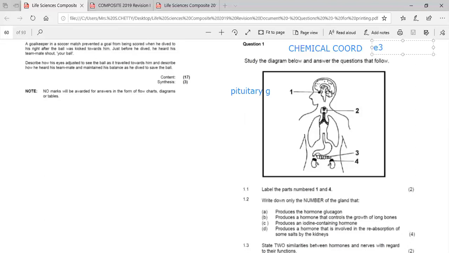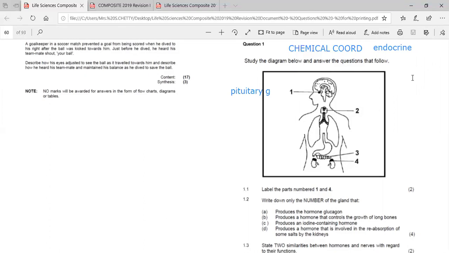Isn't that so, my darlings? Because endocrine glands release their secretions directly into the blood. So these secretions travel through the blood to reach what is known as a target organ, and the target organ will provide an appropriate response.